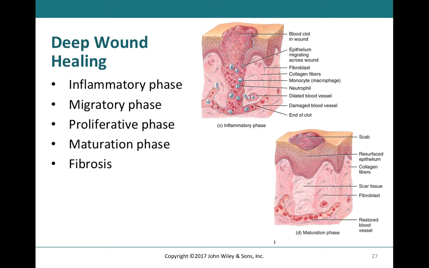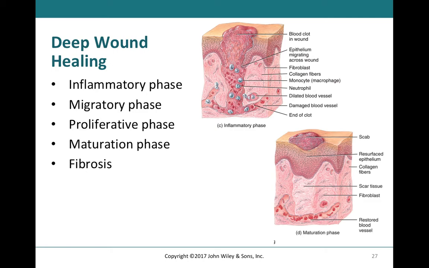In the migratory phase, the epithelial cells beneath the scab start to bridge the wound together. Those fibroblasts begin to form the scar tissue, and the damaged blood vessels themselves begin to grow. During this phase, we get the tissue filling the wound, and that's what we call granulation tissue.